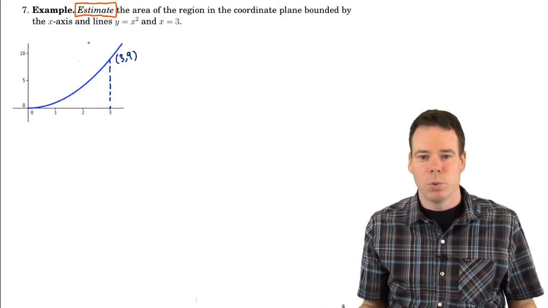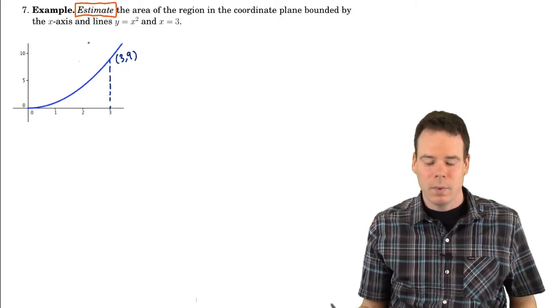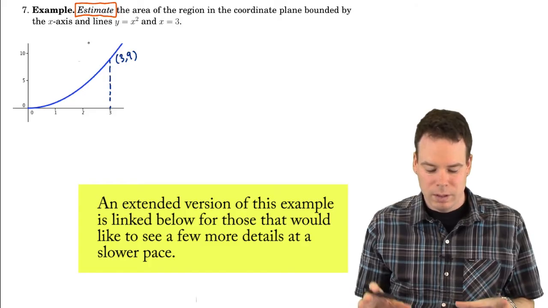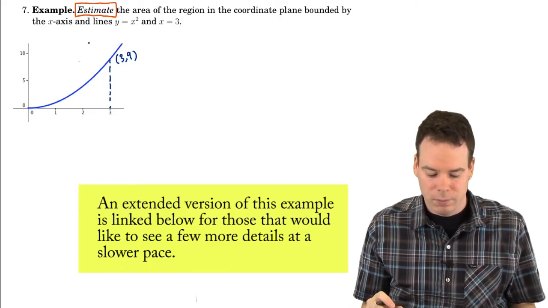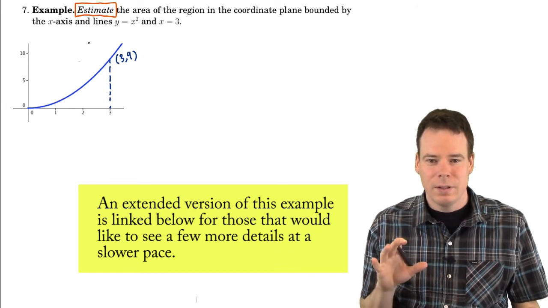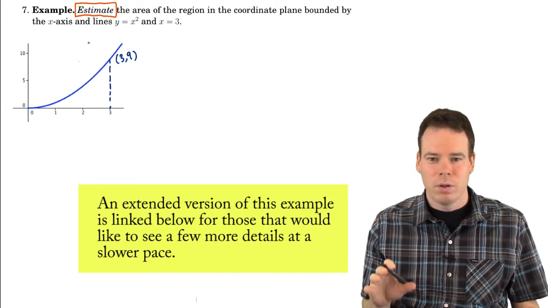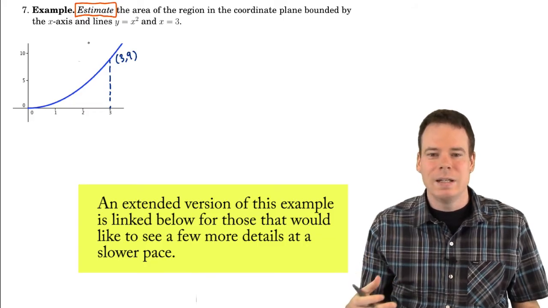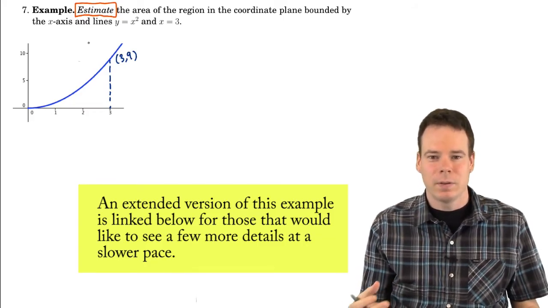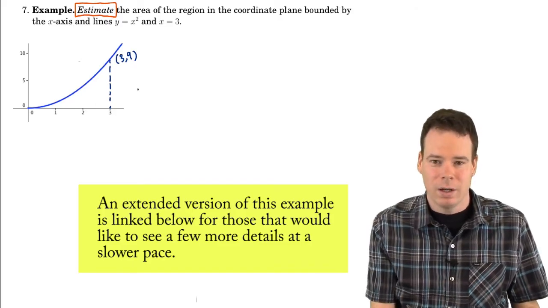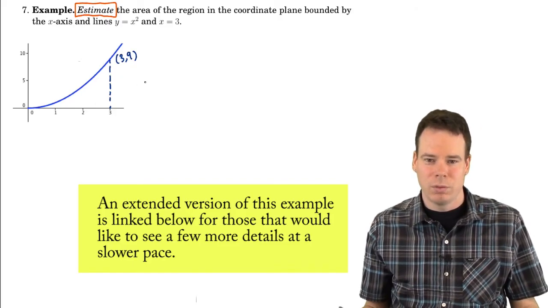So what we're going to do is use more than one rectangle. Now what I've done is a sort of condensed version of this estimation in this video. If you haven't seen this stuff before, or you want a slower and more detailed approach, I have recorded an extended video where I go through a couple of concrete calculations related to this before I get to the more general case.